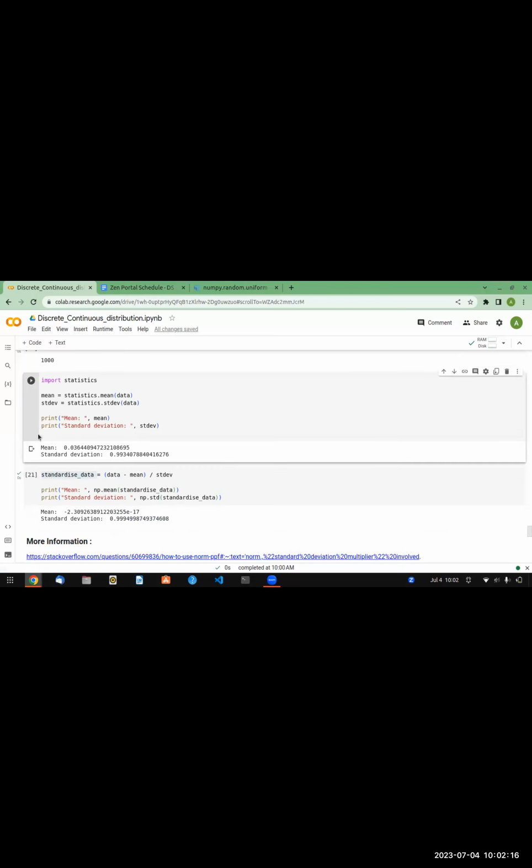And the standard deviation is also very close to 1. Here it is 0.999, here it is 0.993. So if you want to standardize your data to make the mean 0 and the standard deviation 1, you can use this concept. That is the point I wanted to show you here.